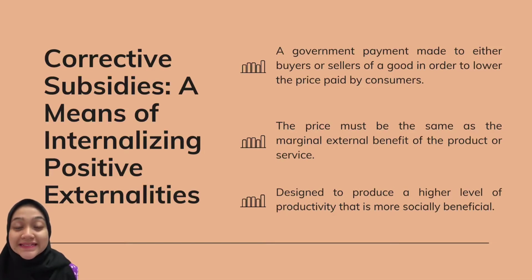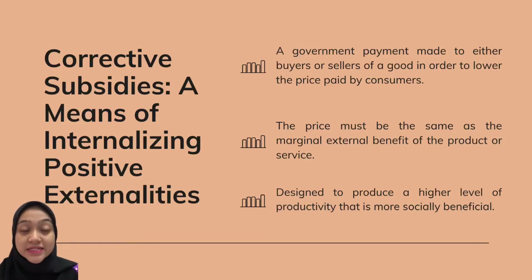So now it's my turn to explain about corrective subsidies, a means of internalizing positive externalities. What is a corrective subsidy? A corrective subsidy is a payment paid by a government to either buyers or sellers for the good so that the price paid by the consumer is reduced.